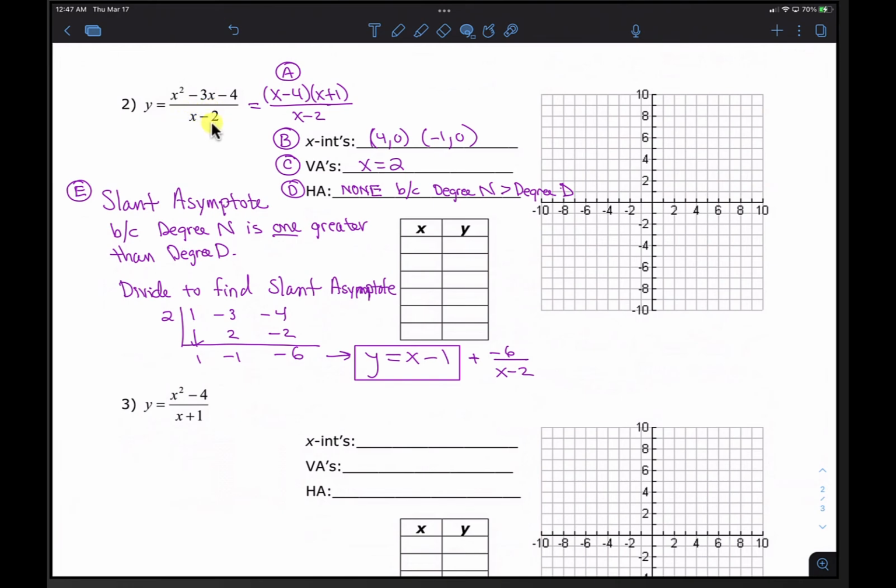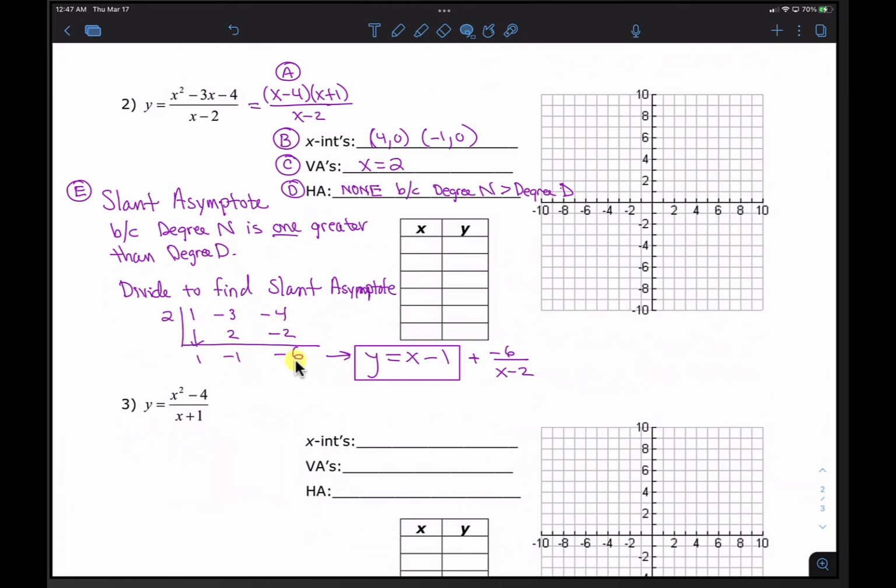So since the denominator is x minus 2, we're going to have positive 2 on the outside with our half box. And the coefficients are 1, negative 3, negative 4. And then you just go through that process, bringing down the first term. 2 times 1 is 2. Minus 3 is negative 1. Times 2 is negative 2.